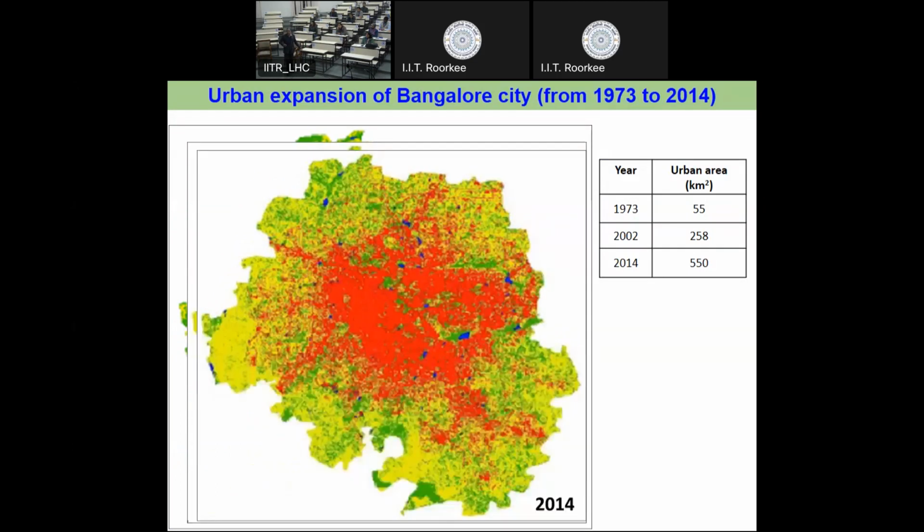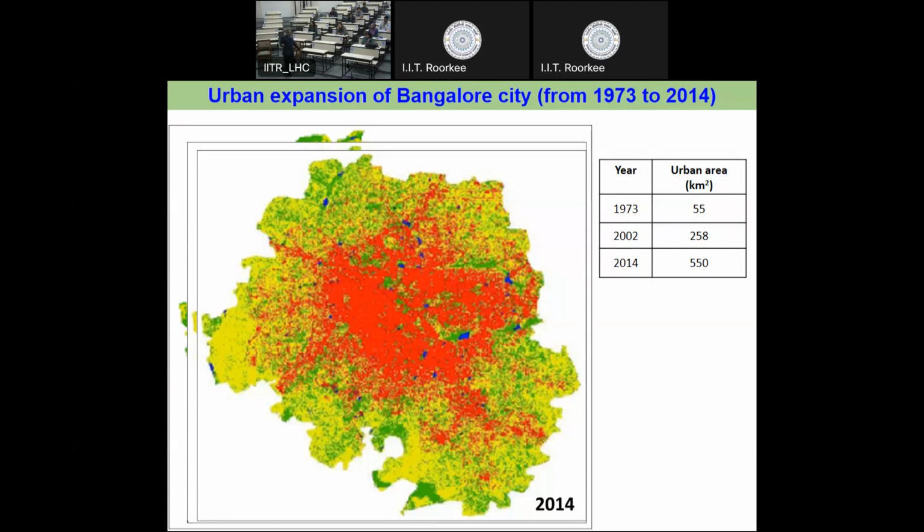And then in 2014, the urban area of Bangalore was 550 square kilometers, 10 times the area which was occupied in 1973.